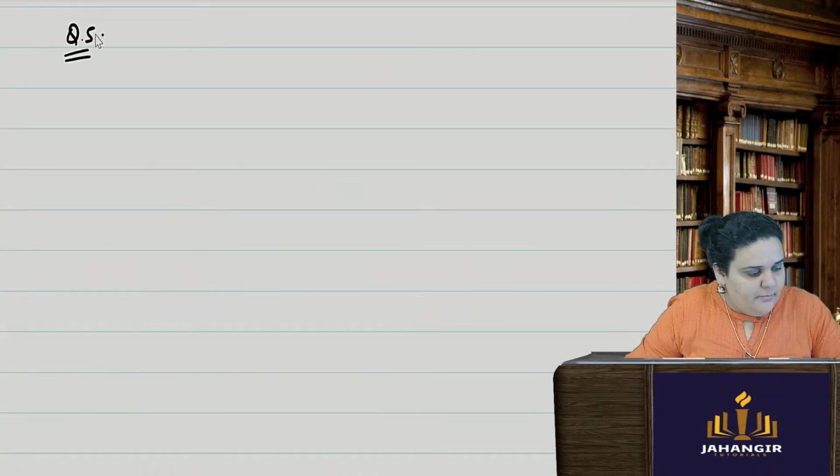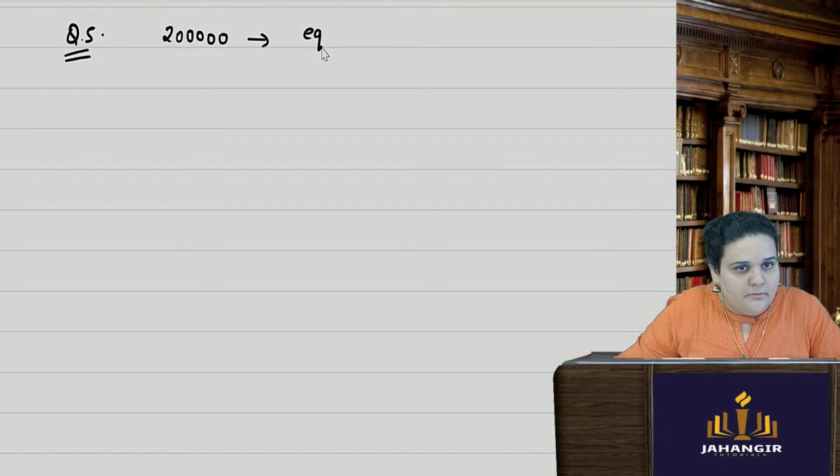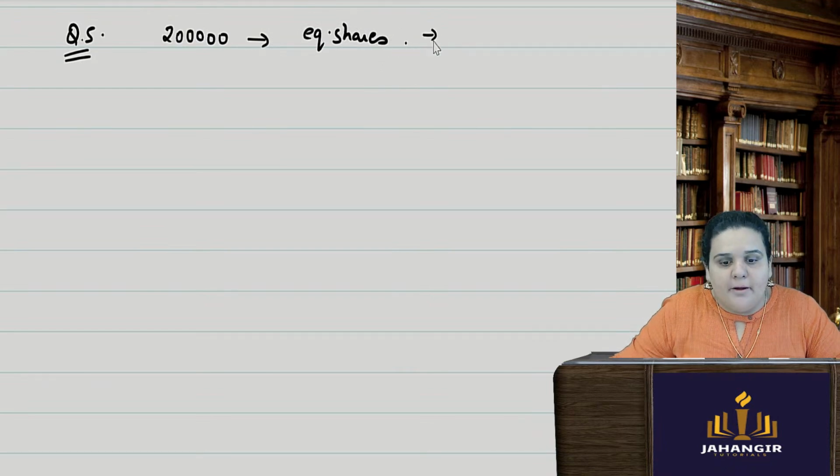Question number 5. If you all don't understand the question, read it twice. There are 2 lakh equity shares. On these shares, the amount is rupees 25 per share, but only rupees 20 is called up.